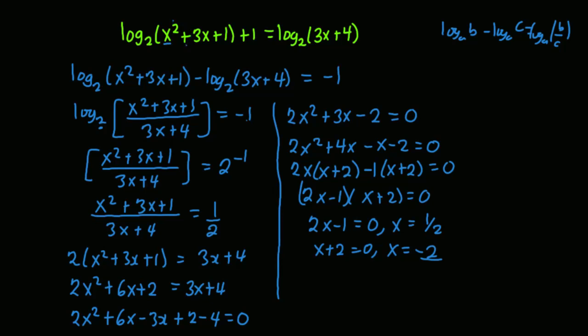And then 3 times negative 2 will give us negative 6. So 4 minus 6 will give us negative 2, plus 1 will get negative 1. Now log to the base of 2 of negative 1 does not exist, and so negative 2 cannot be the solution.